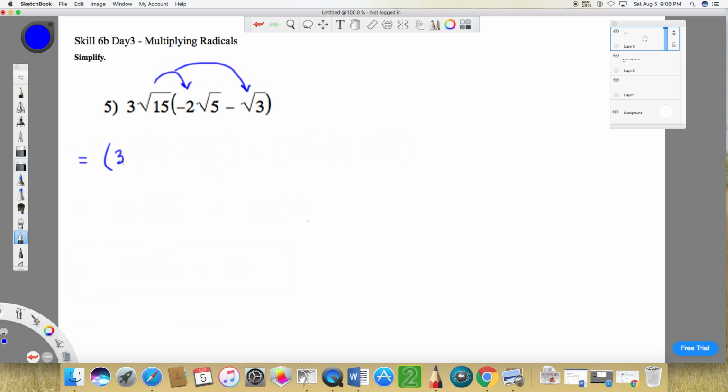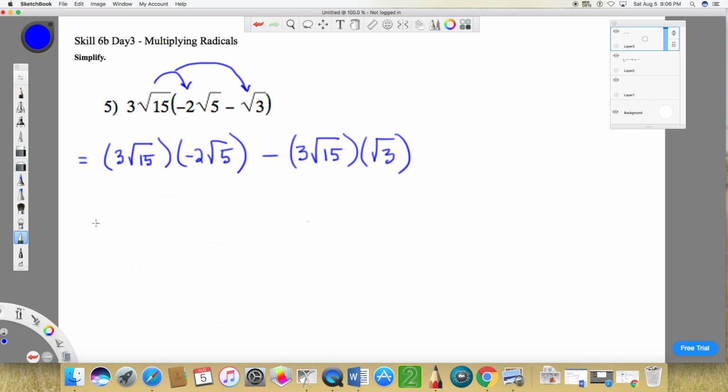So if we have 3 radical 15 times negative 2 radical 5 minus 3 radical 15 times radical 3. So if we have a positive 3 times a negative 2, that's negative 6.